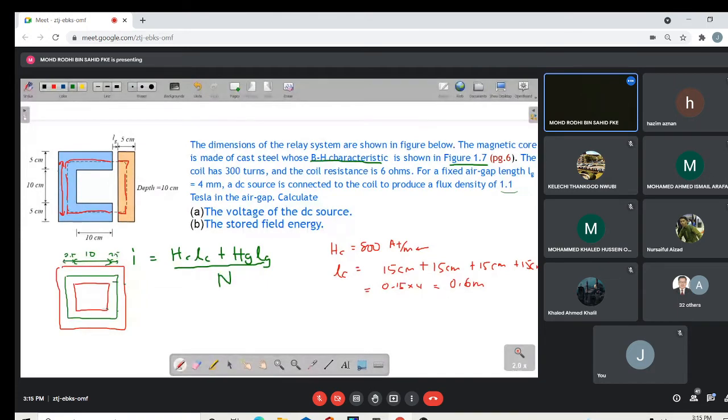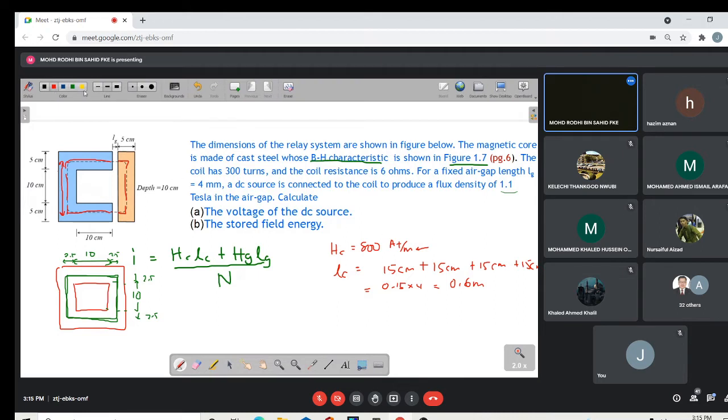This one is 10, this is again 2.5, and again 2.5. So at this side you get 15, 15, 15, and 15. Okay, so we get 0.6 meter.